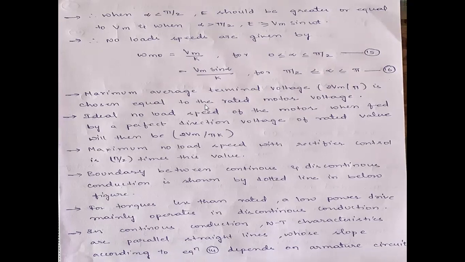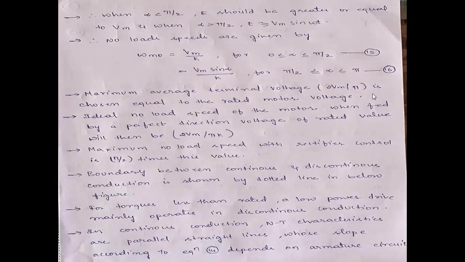The maximum and minimum values of the voltage are shown here. This is the no load speed, O. This is the value of no load speed from 0 to pi by 2, and from pi by 2 to pi, the no load speed will be Vm sin alpha by k. Now the maximum average terminal voltage, after applying the limits, will be 2 Vm by pi.